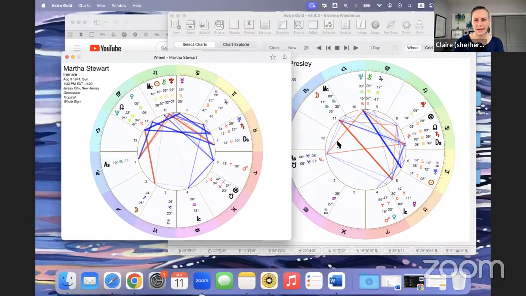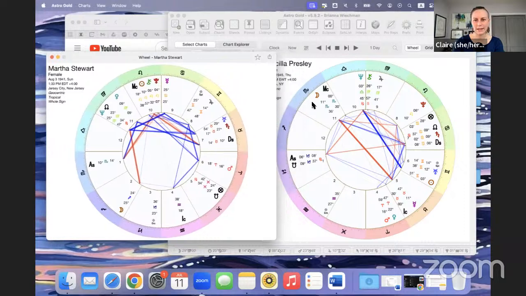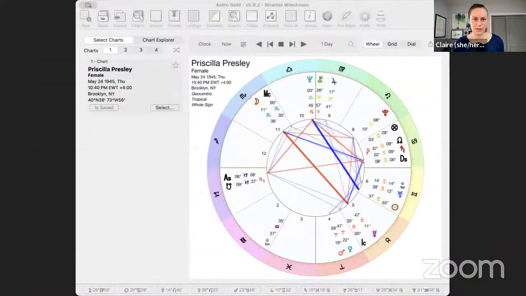This helps us see in a different way the differences between two different people, right? So that's where I usually start with synastry, at least: just comparisons.